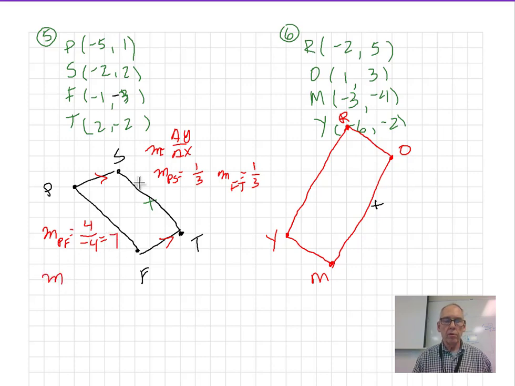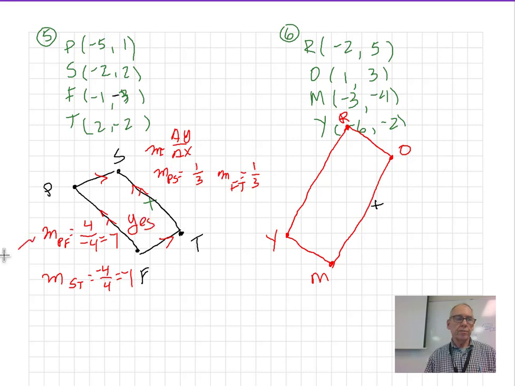The slope of ST is in y 1, 2, 3, 4, and in x 1, 2, 3, 4. And it's a negative because it drops, which is a negative 1. So both of these opposite sides are parallel. Yes, it is a parallelogram.